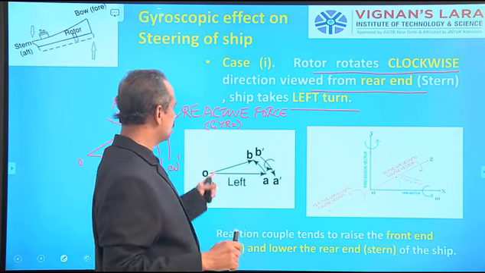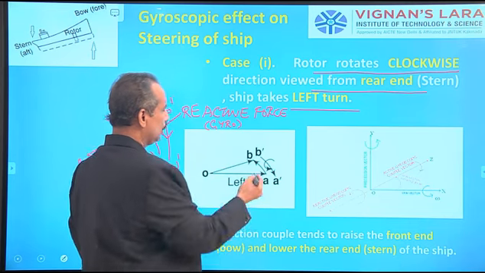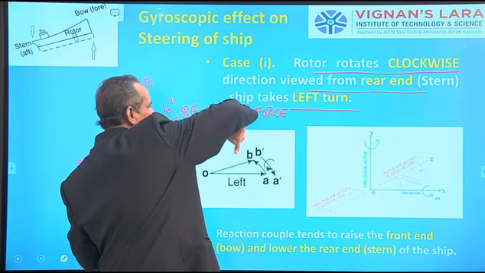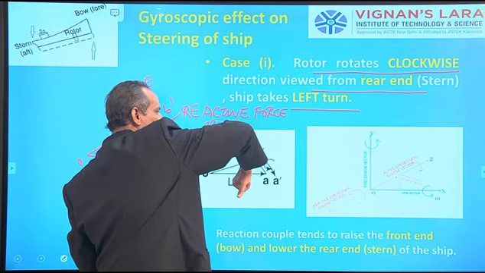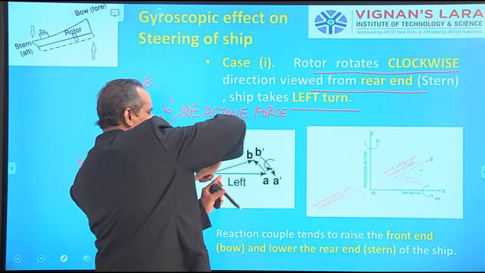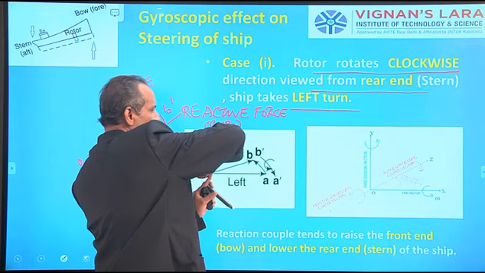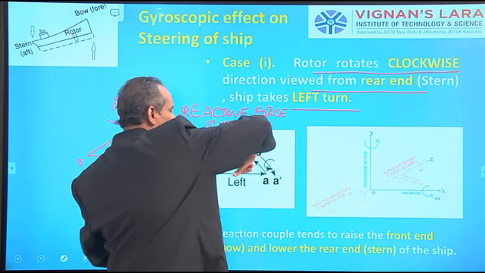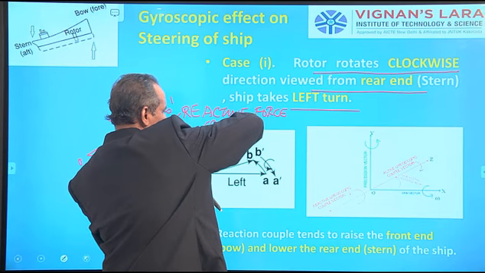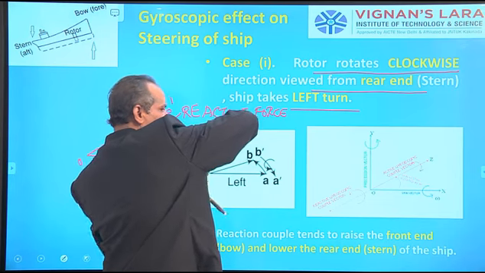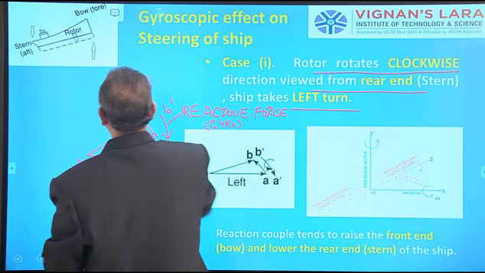If you watch this gyroscopic force, you can see this is the direction of the reactive force. Then these 4 fingers show the force applied on the ship. Looking from this side, which direction is this? Counterclockwise direction.